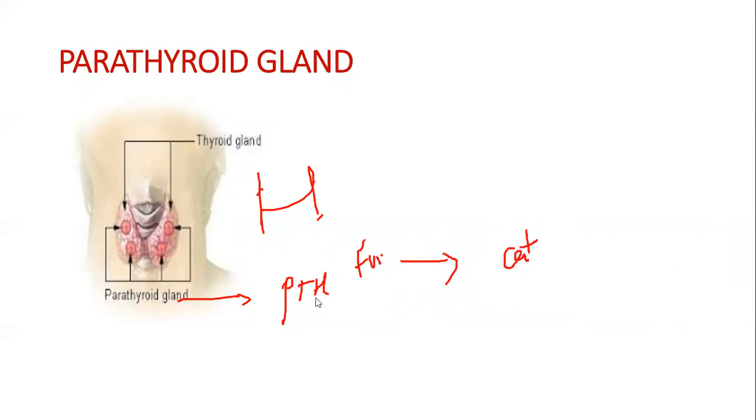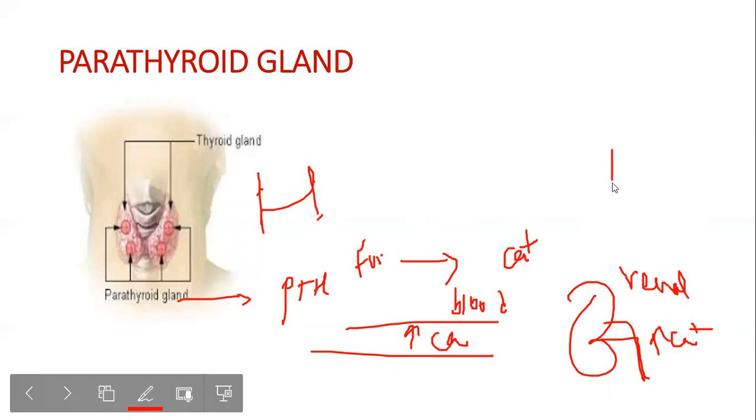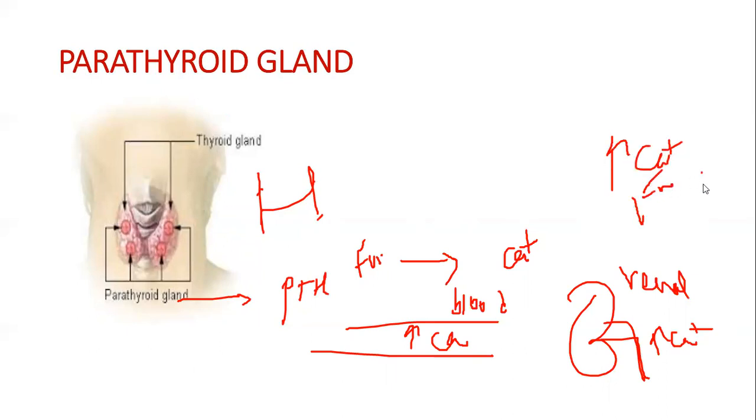What this hormone does exactly is, in the blood, it increases the calcium levels. It also stimulates the reabsorption of calcium from renal tubules, and also increases calcium absorption from digested food.